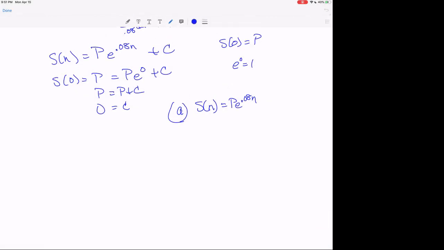So for part B, it asks us how long for that thing to double. For part B, this is a 1330 question. So we want 2p to equal p e to the 0.08 n. Divide both sides by p.